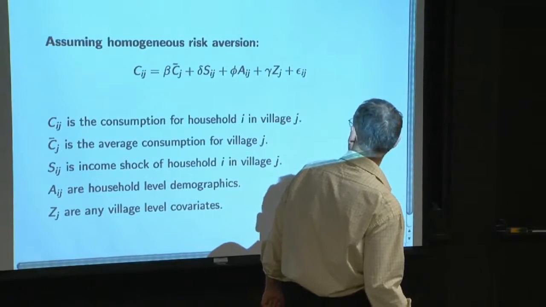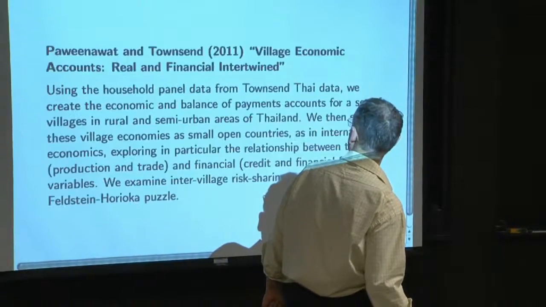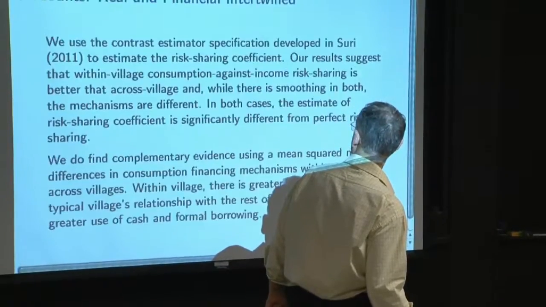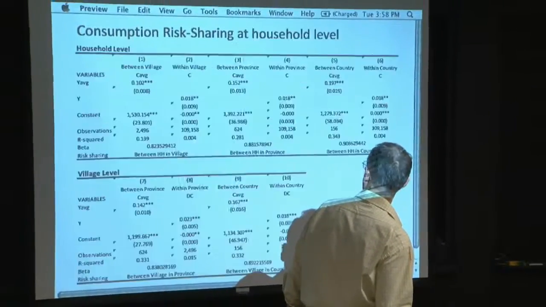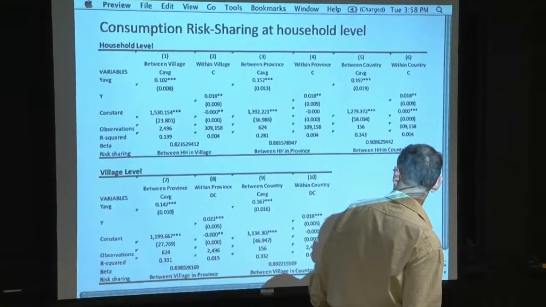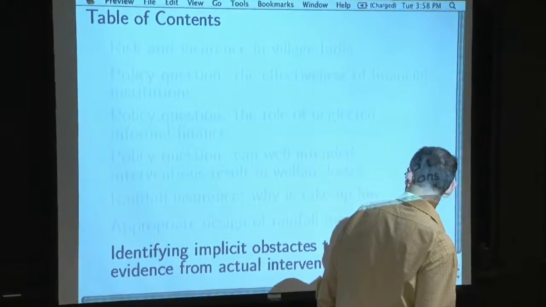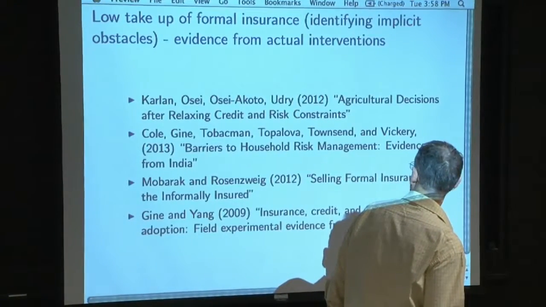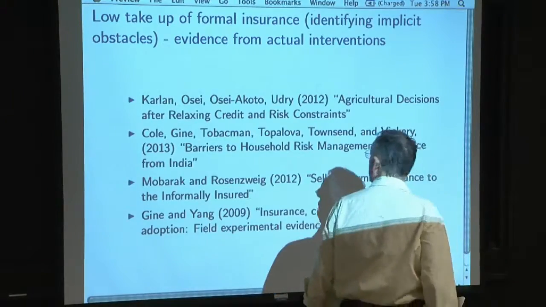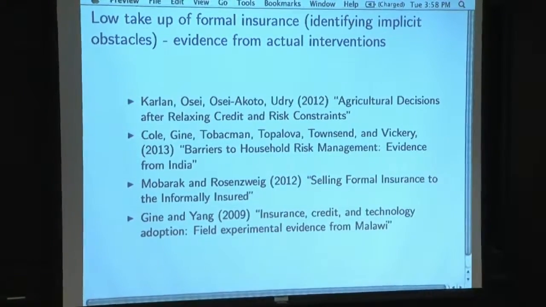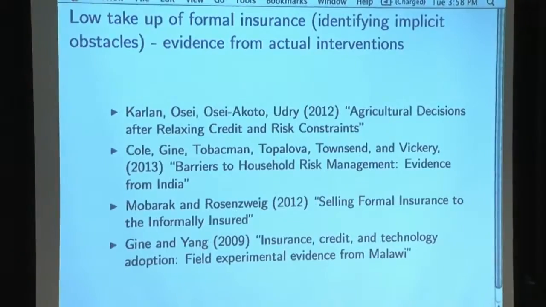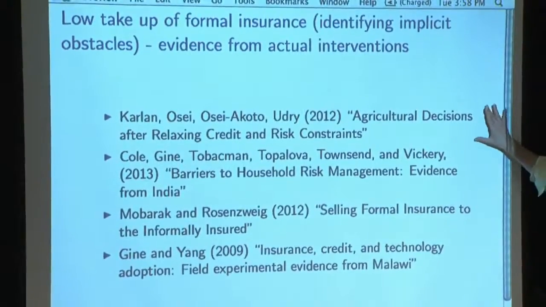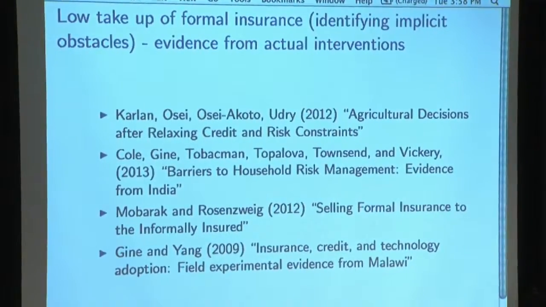And the other thing I want to just point to, sorry Hong, all your great stuff here, is to say that Chris Udry with Dean and co-authors have been doing stuff in Ghana, and they have various treatments.